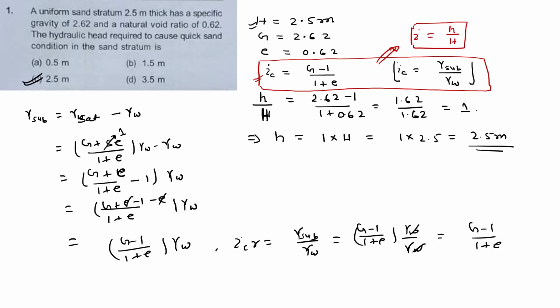It's very important. Okay. Let us understand about the quicksand condition. What is quicksand condition? If we discuss this in detail, then let us discuss what is quicksand condition first.